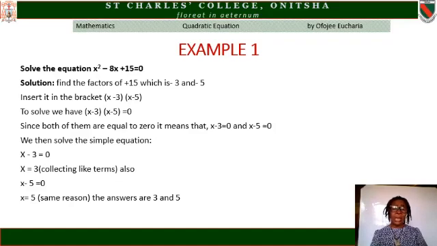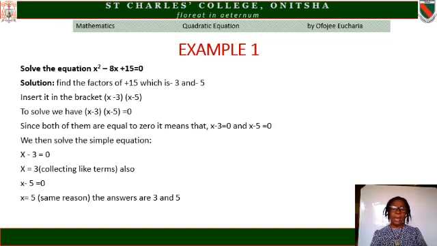As we saw in our last topic of factorization, we open the two brackets, and in the two brackets, we insert minus 3 and minus 5. And that makes the factorization x minus 3 in the first bracket and x minus 5 in the second bracket. To solve, we have x minus 3 bracket x minus 5 equals 0.